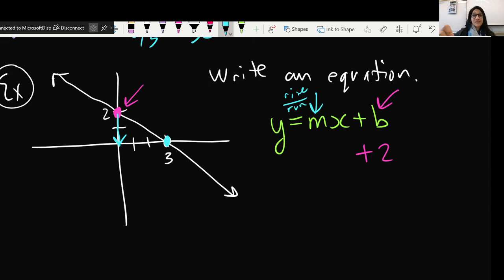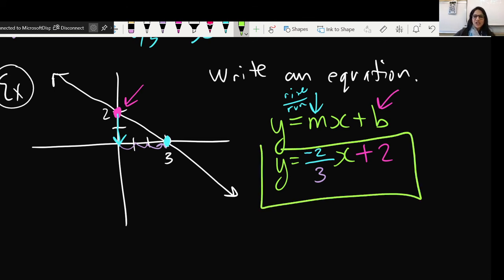How do I show that? -2 over, okay, so this time let's say we're going 1, 2, 3 to the right. So would that be +3 or -3? +3. And I leave the other two things as they were. It's still y, and this is still x. So this would actually be my equation after going through that.